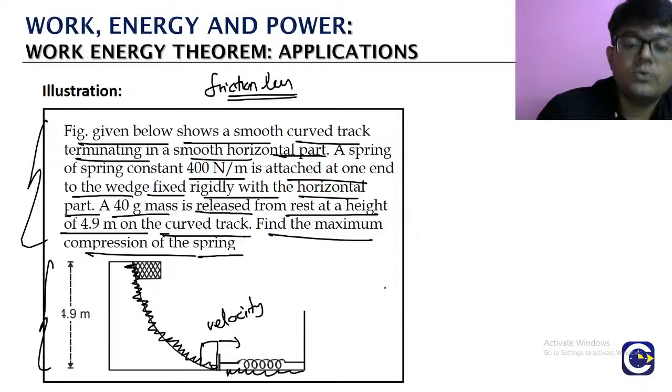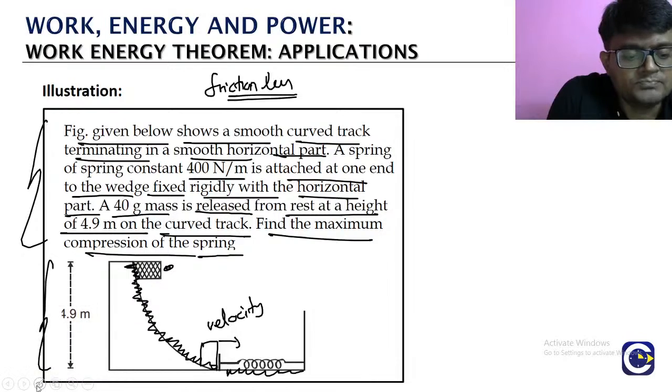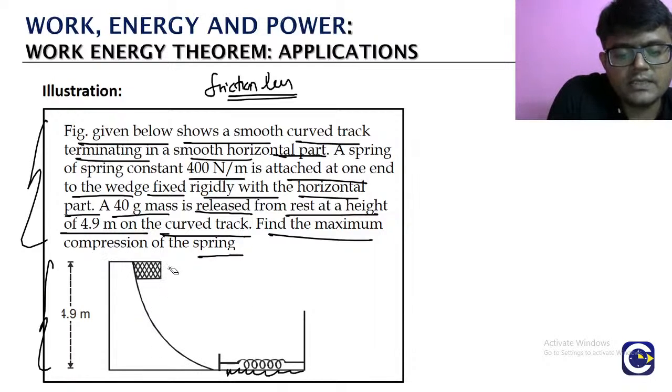Obviously, in these kinds of questions we have to apply the work energy theorem. Look at the block and the spring together. The initial state we consider is the point where we are releasing the block from the top.